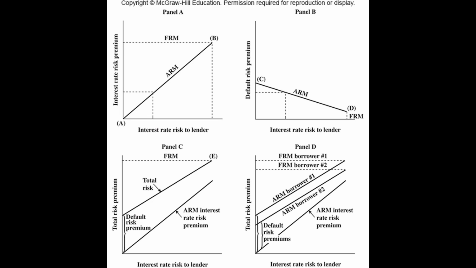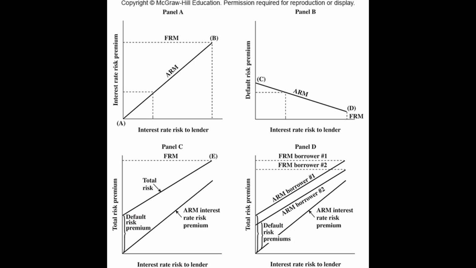So let's think then about how interest rates and interest rate behavior is associated with risk. As more interest rate risk is assumed by the lender, the lender is going to demand a higher risk premium. When interest rate risk is assumed by the borrower, though, the default risk assumed by the lender increases, meaning the more risk in terms of the interest rate, which therefore would mean higher payments to the borrower, the greater the chances of default.